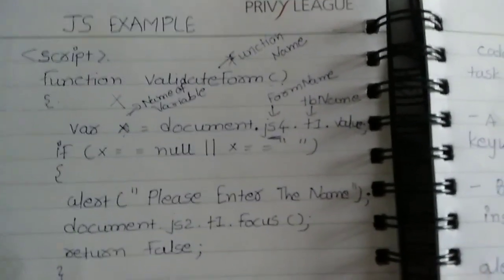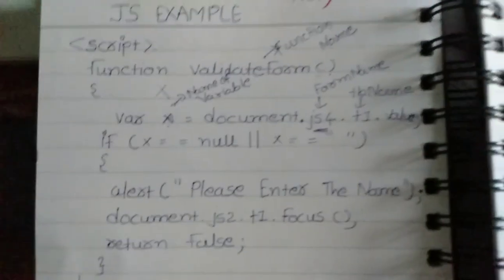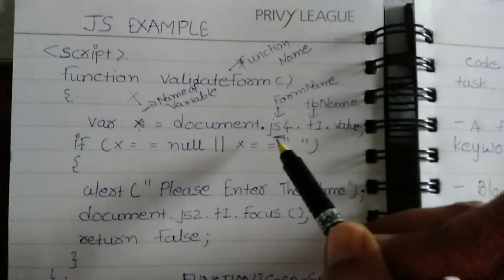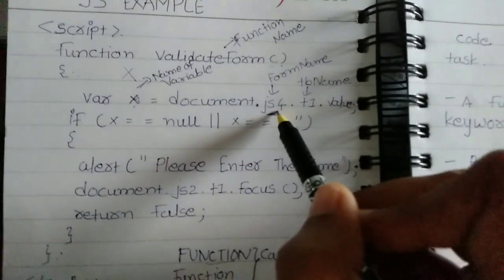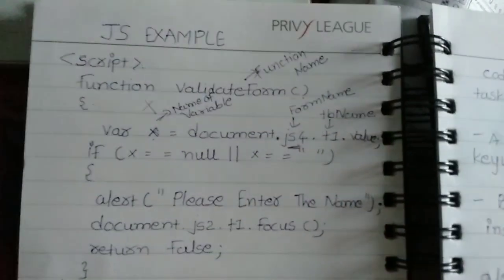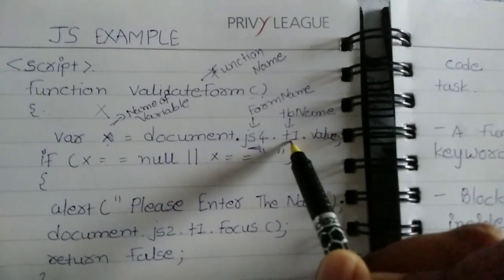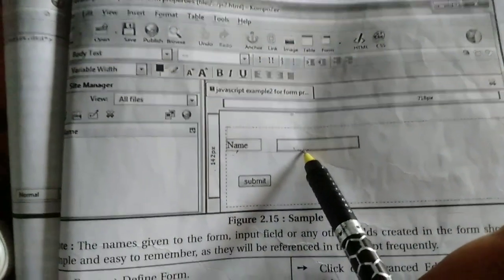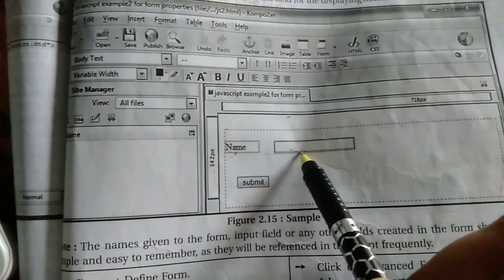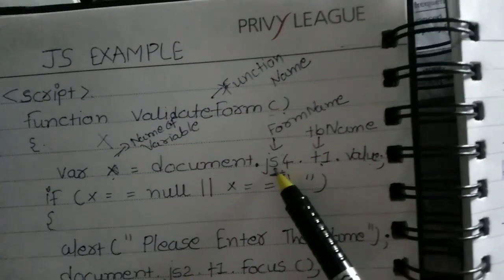If I have already created my form and given my form name js1, then you have to write js1. If I want to write my form name js2, then you have to write js2. If you want js3, whatever name you want to apply, you can apply it. Dot t1 means your text box value. We have already created our text box which is named t1. Mind well, this is your text box name and this is your form name.